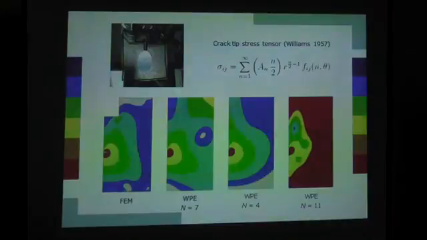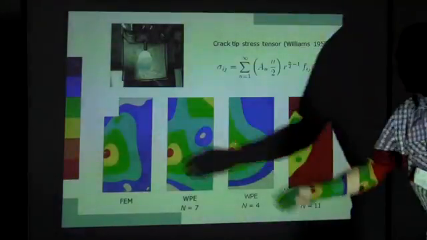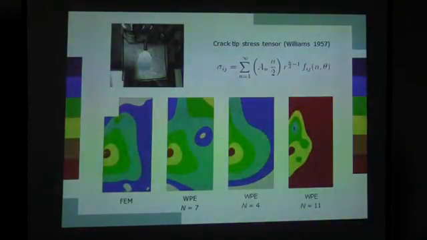So in our fracture analysis, or determination of fracture parameters from tests, we usually need quite an accurate description of the stress field, which can be seen here as the finite element representation of the stress field for the wedge splitting test.